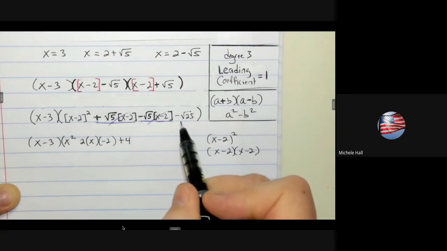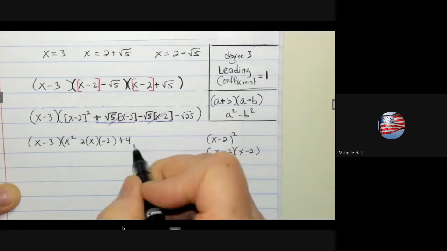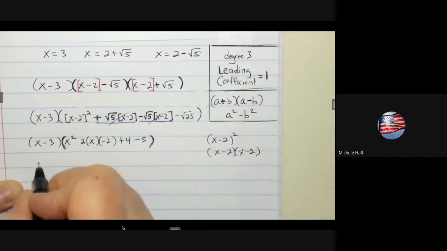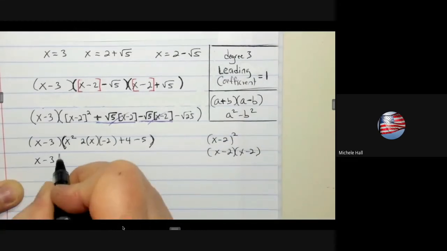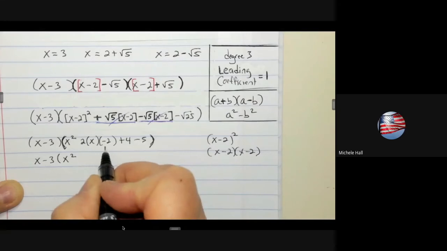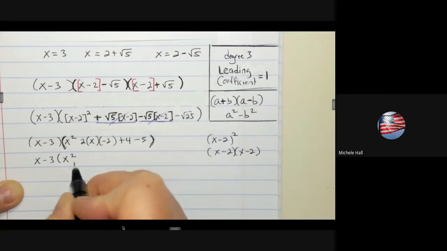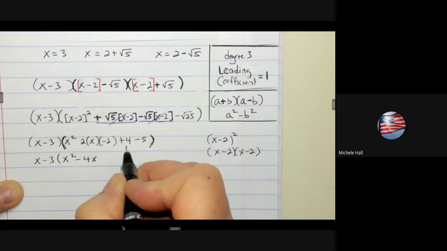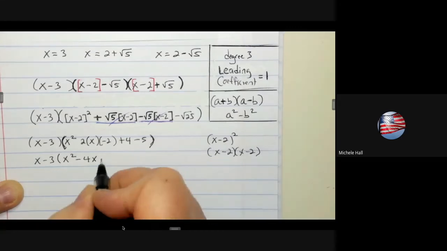And we also have minus the square root of 25, so minus 5. Simplify x minus 3 times x squared. 2 times negative 2 is negative 4, times x is negative 4x. And then we have a positive 4 and a negative 5.